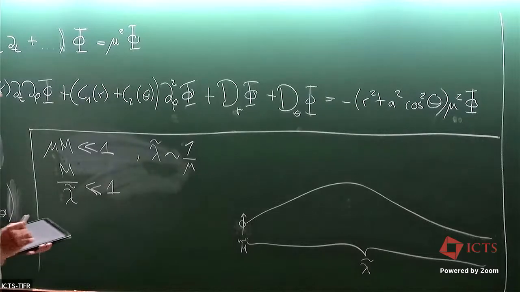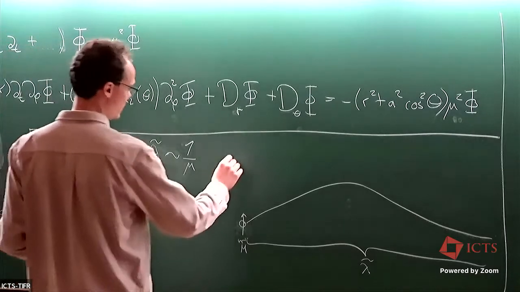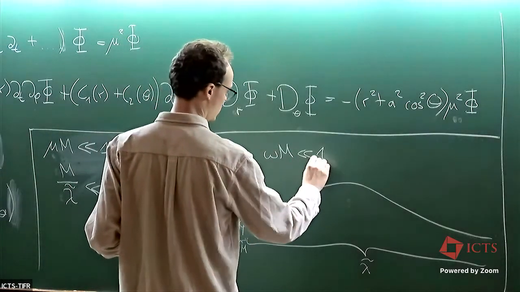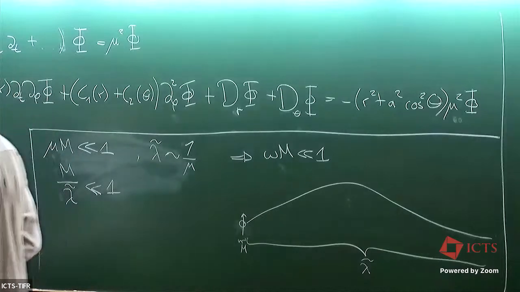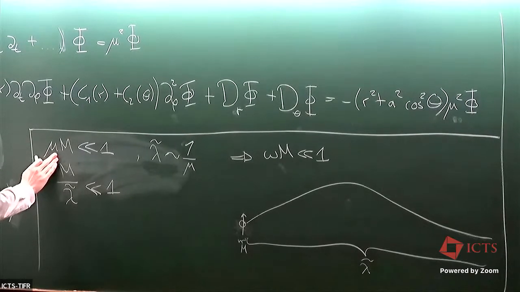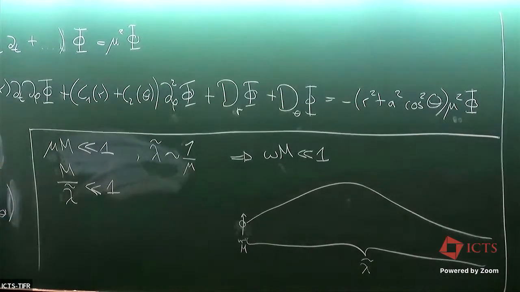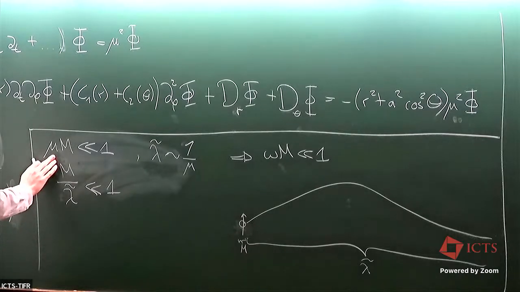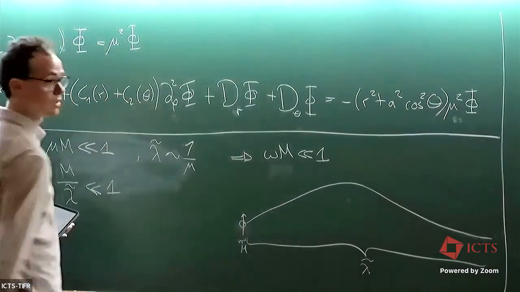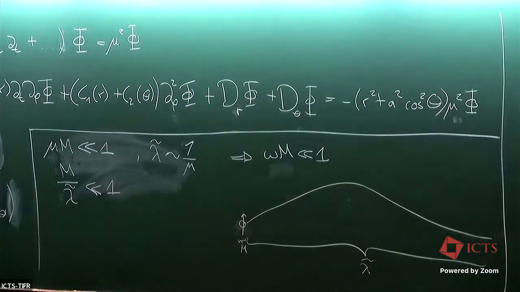All right. And then I should also say that this kind of implies that the frequency is also much smaller than 1. This you can perhaps see intuitively because the potential for this massive particle at infinity is basically the mass. And so if the mass is bounded like this, then the frequency of any bound state might also be bounded like this.